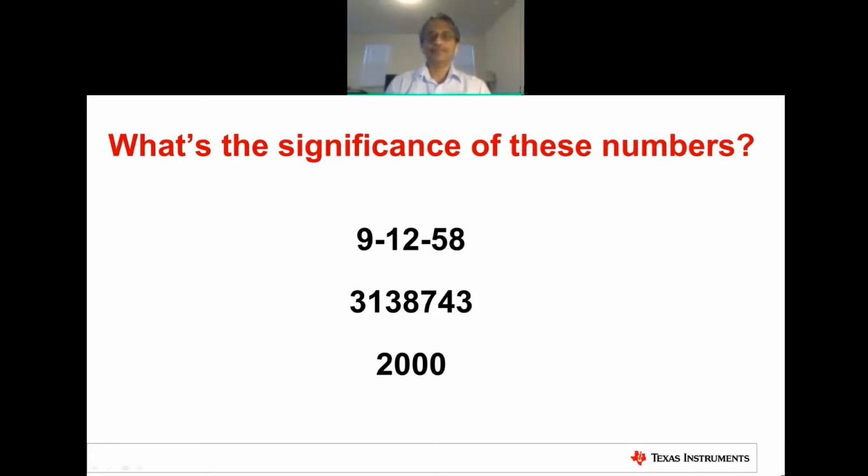So I have a question for you: whether you know the significance of these numbers. If you know, you could key in, or let me just give a few minutes if anybody knows why these numbers are significant, or what they indicate. Of course, we are talking in the semiconductor context.